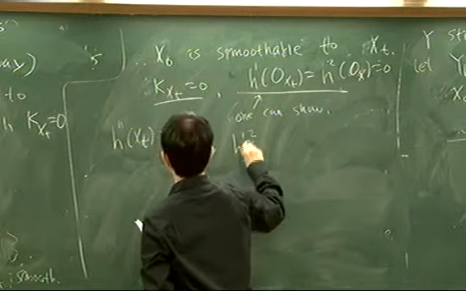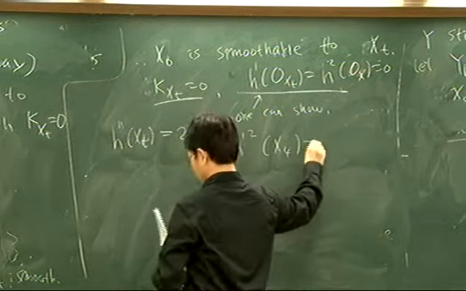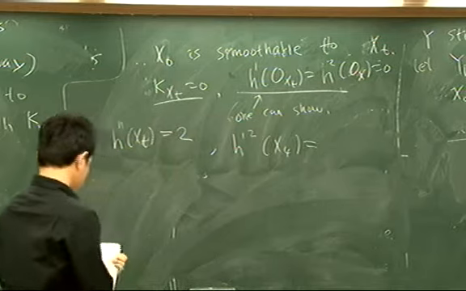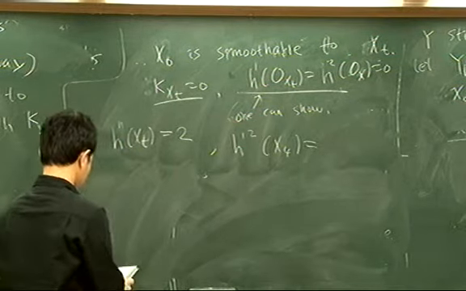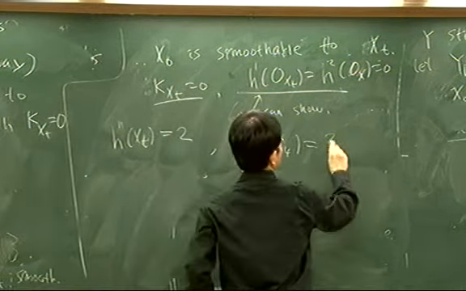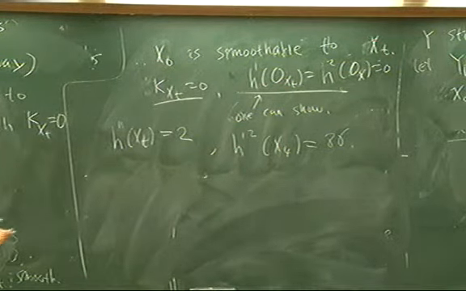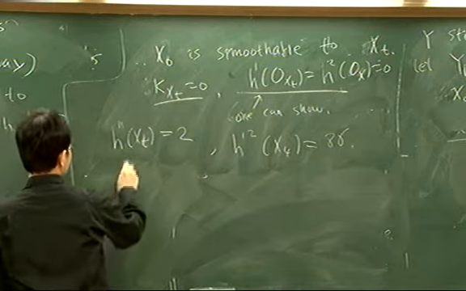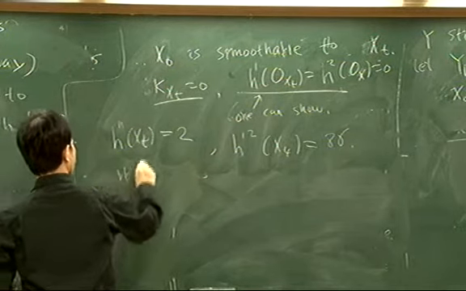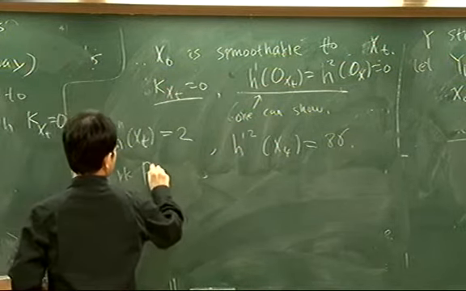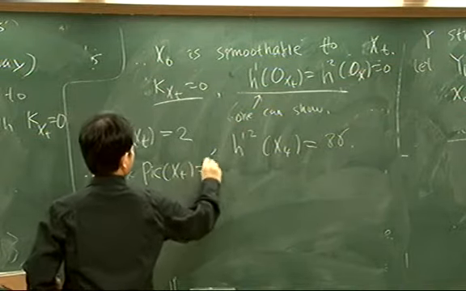h12 of Xt is, let me see, 86. This means the rank of the Picard group is 2.